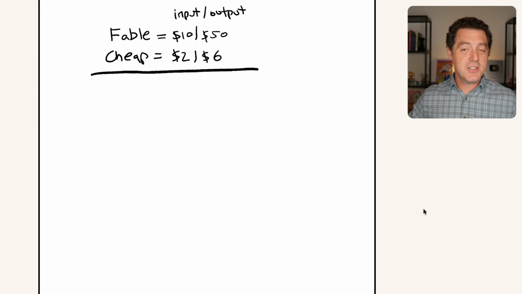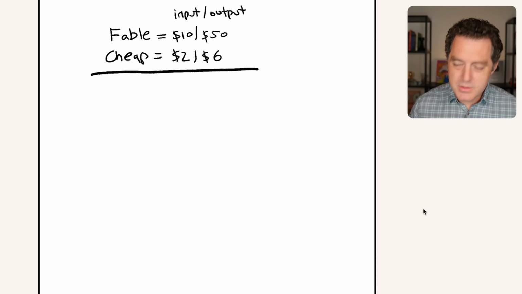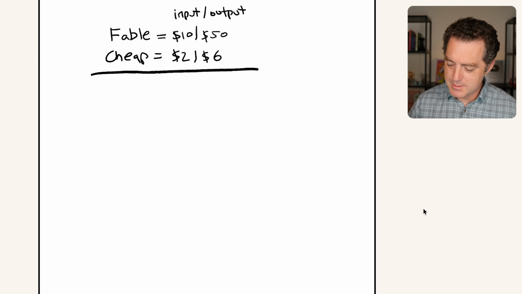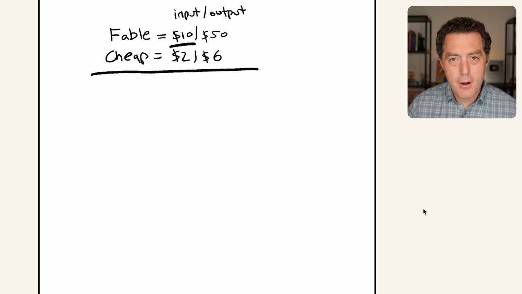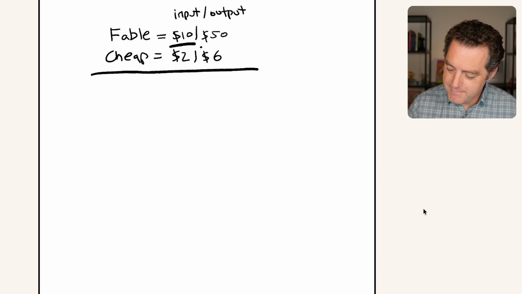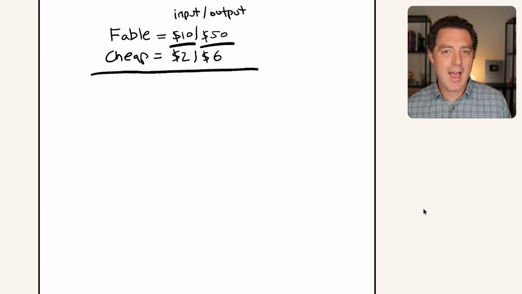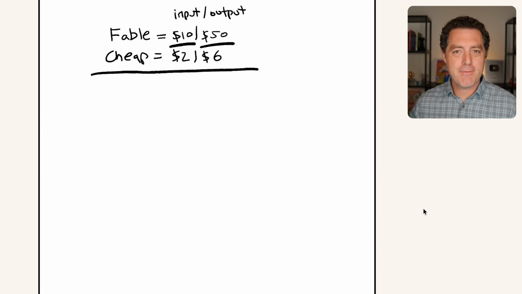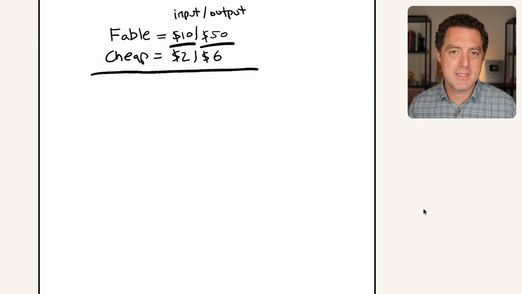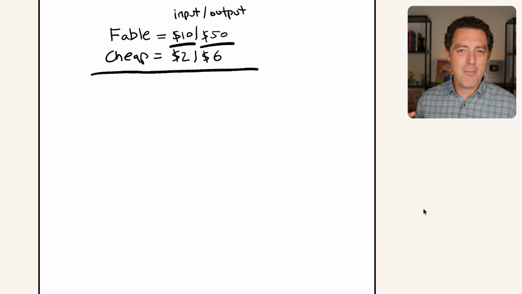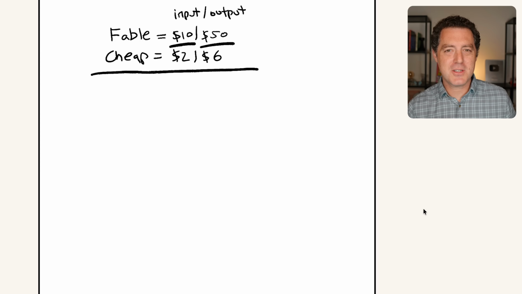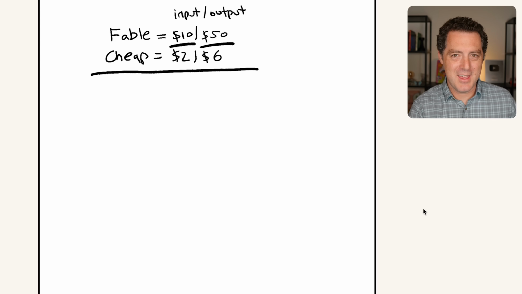All right, so let me actually just prove the math to you. Let's say we're using Fable as the frontier model. It's very expensive. It is $10 per million input tokens and $50 per million output tokens. And that's really important to notice. The output is 5 times more expensive than the input. And now maybe you're starting to see why this strategy pays off, because if you're doing research, you're reading a lot of things.